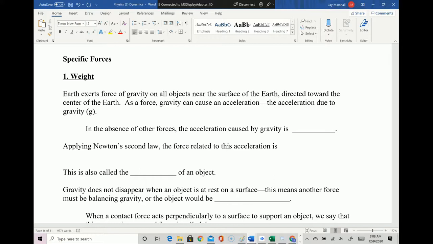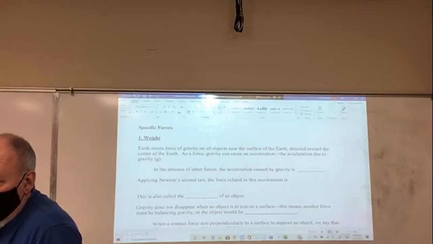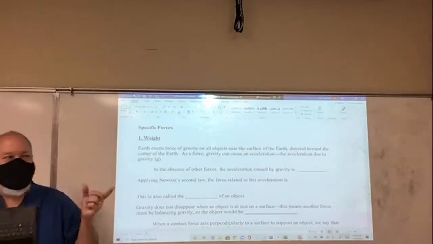And just as a follow-up to that, if I push down on this desk, how do I know that the desk is pushing up on me with an equal and opposite force? It's not that I'm not moving, it's that I'm not what? Accelerating. Okay, you've got to have that mind frame, right?